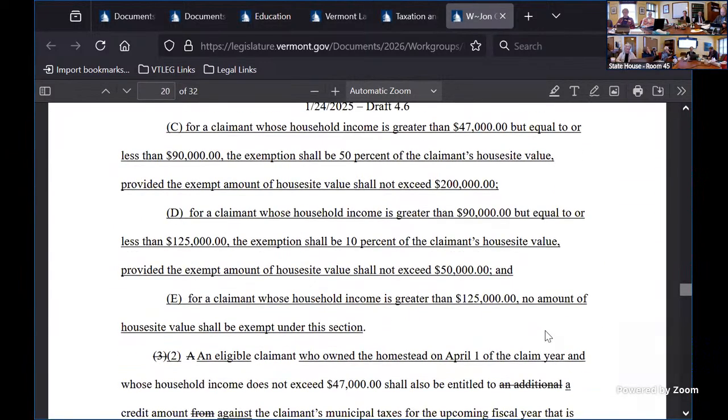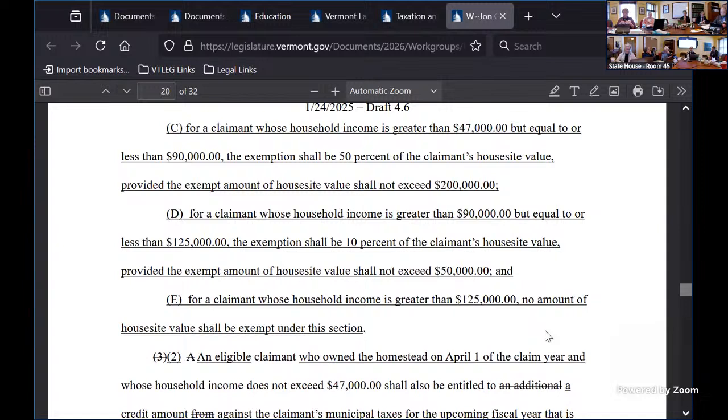Under subdivision C, we have a different income tier. This is your 47,000 up to, it doesn't go all the way to 90, it's actually less than 90,000, to get a 50% house site value exemption. You would stop receiving an additional house site value exemption above 400K. And then for subdivision D, we're talking about incomes between 90 and 125K.